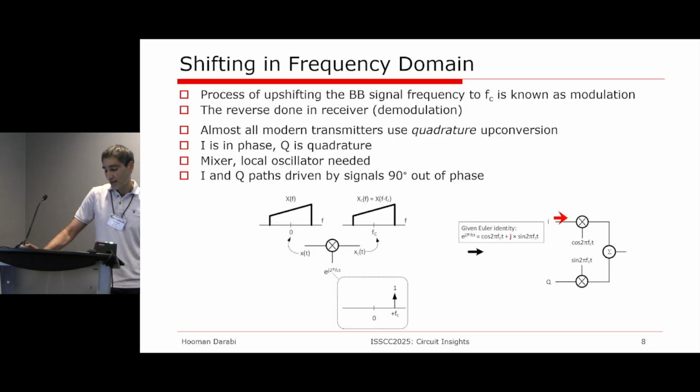So effectively, you get I shifted by cosine and Q shifted by sine. There is a j also built in, and they are added up. So this exactly implements the function we are interested in. This is known as a single sideband transmitter, and is the basis of all the modern transmitters in use today.